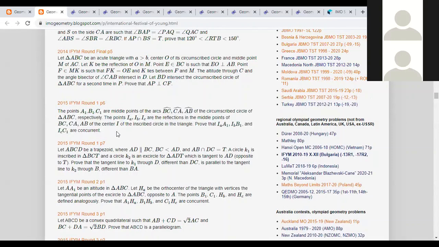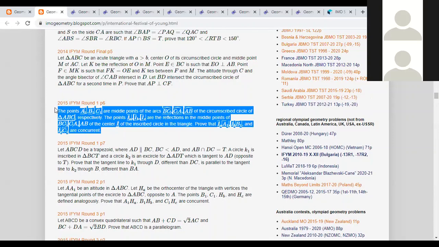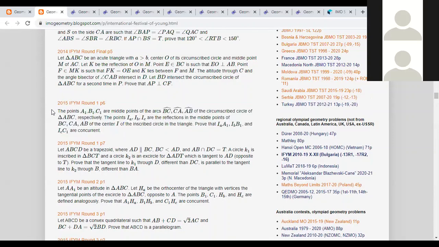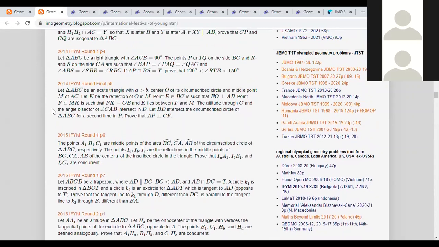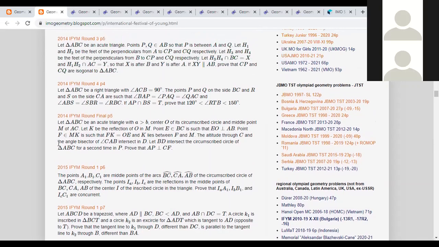This one looks, this one's kind of interesting. But yeah, this one might just be like Ceva's theorem or something. Let's see.